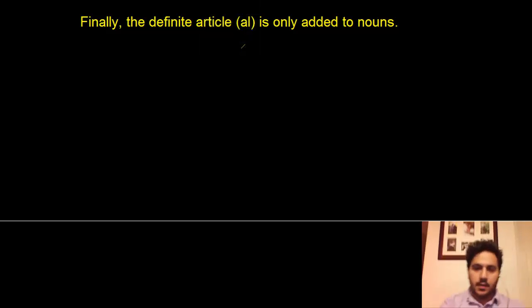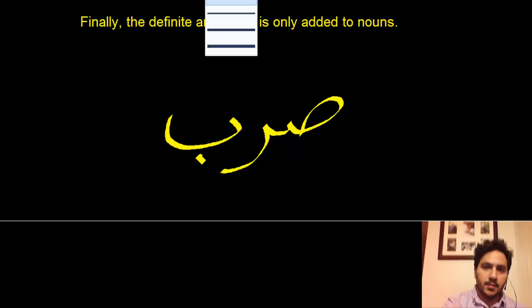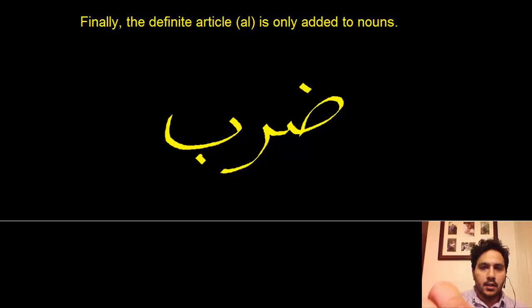So here's an example of a verb, daraba. Let's add the harakat to it really quick. Oops, we forgot something. We forgot a nuqta right there. And let's go back and do this.